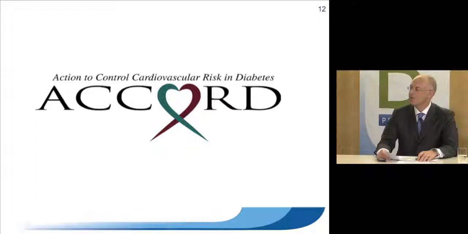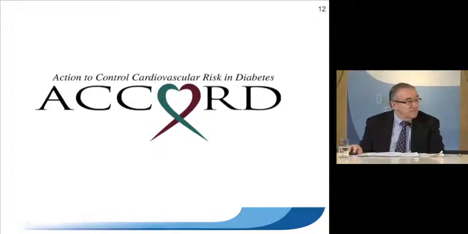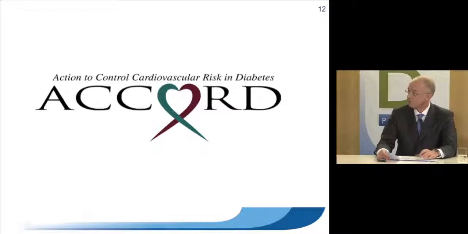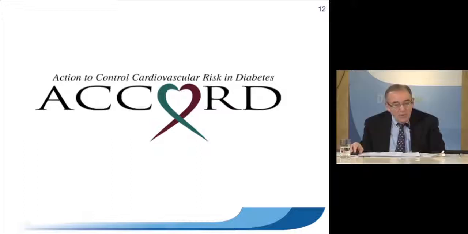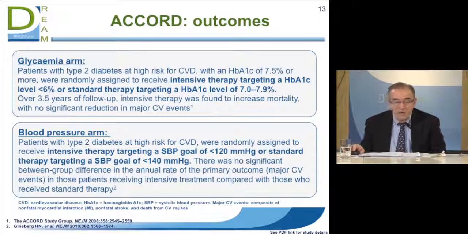Harry, what are the key messages of ACCORD? In other words, is intensive blood pressure and intensive glucose control providing extra reduction of cardiovascular events as compared to the more conventional approach? Well, unfortunately, in ACCORD, both of those questions turned out in the negative.